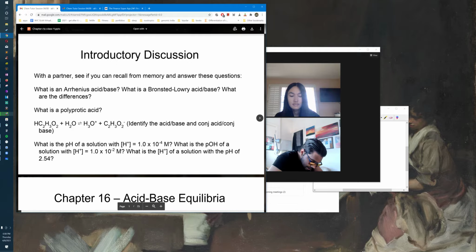Okay. pH is the negative log of the H plus concentration. Since it's a log, a 10 times increase corresponds to plus 1, and a 100 times increase is plus 2.